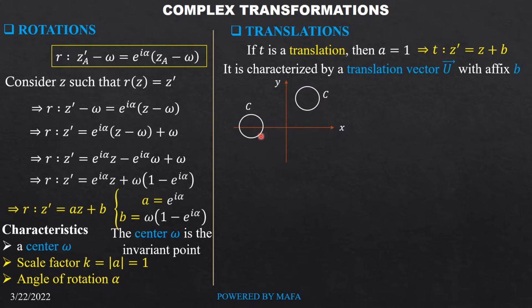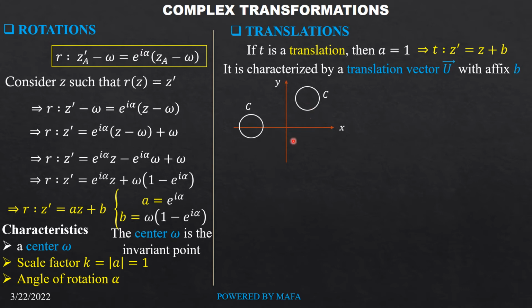Nothing changes. The C remains the same, but it has moved from this position to this position, meaning it has moved a certain distance to the right and a certain distance vertically upward.